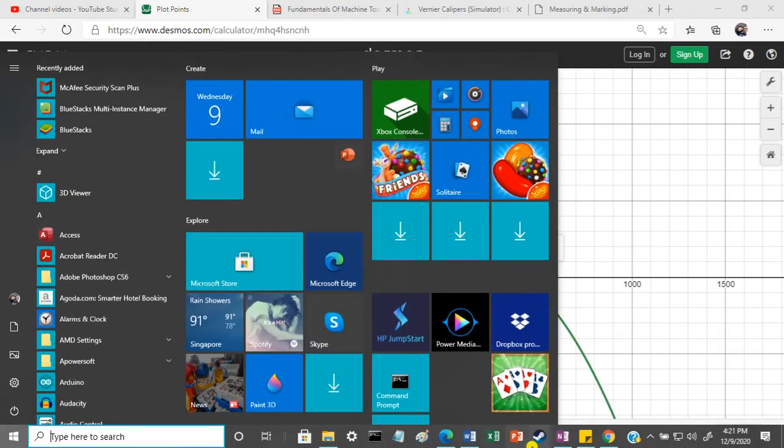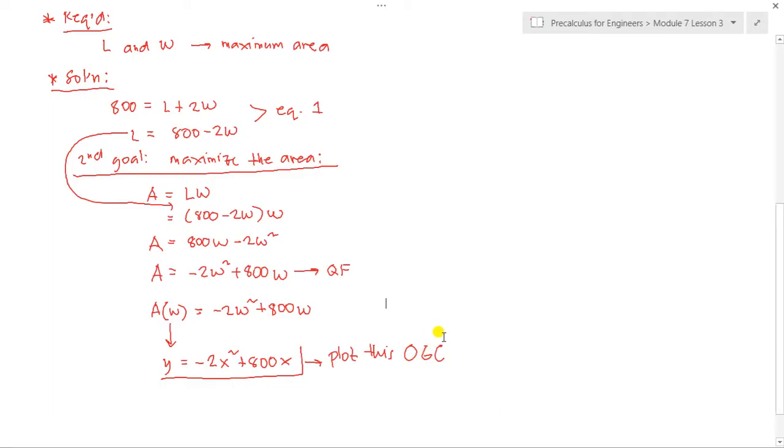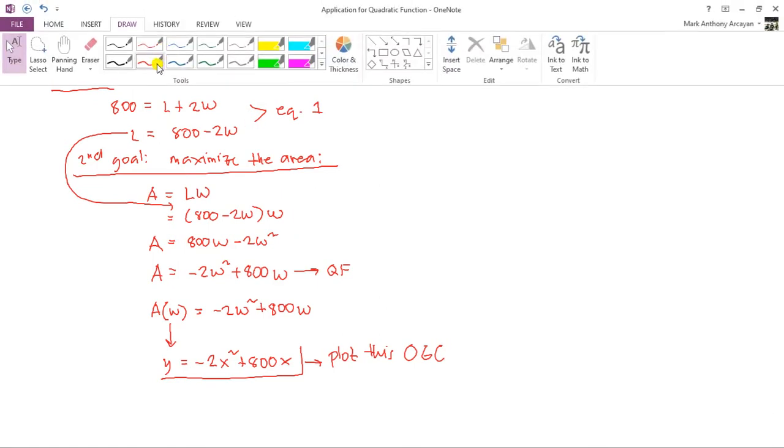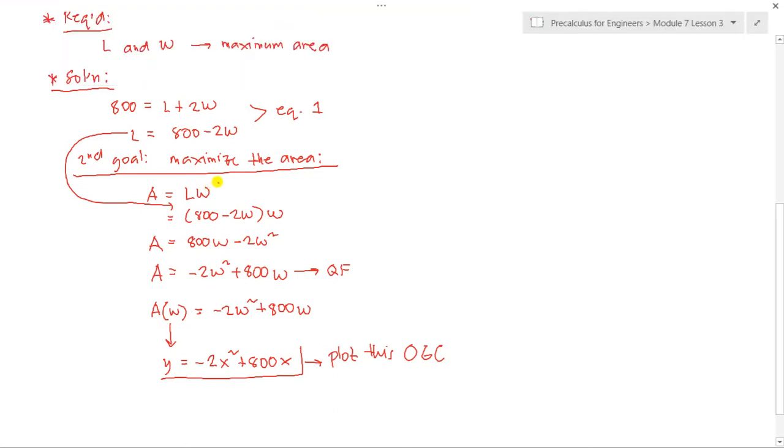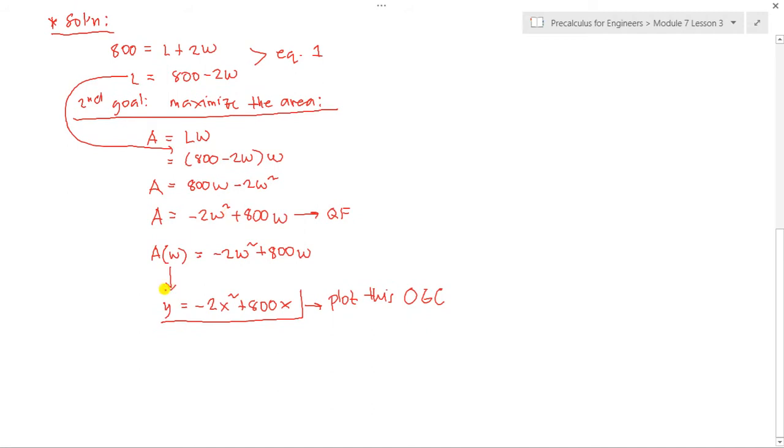We can also solve that by using the formula for the vertex. If you don't have any graphing calculator, then you can solve for the vertex so that you can get the maximum area. Since what we are looking for here is the maximum value of our area, we can solve that by using the vertex.